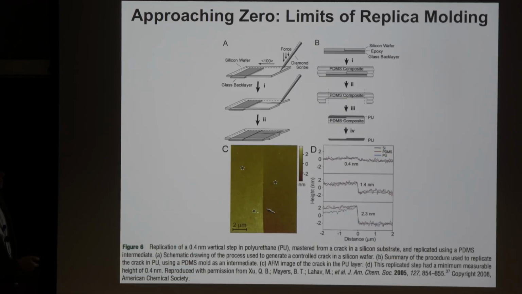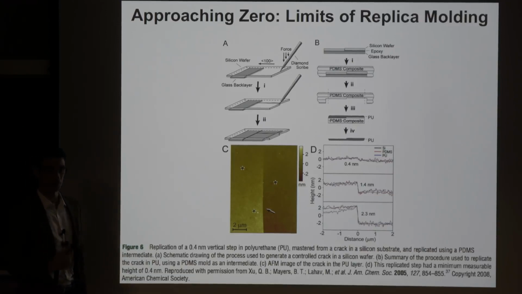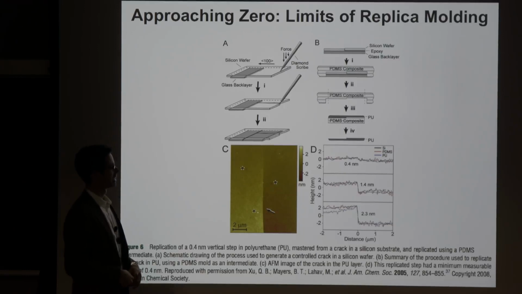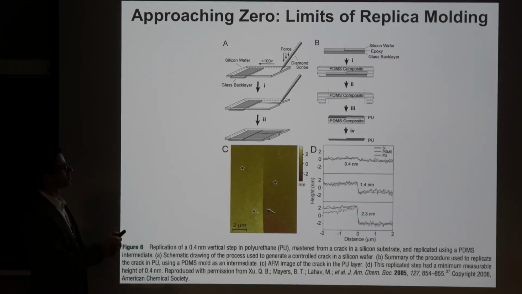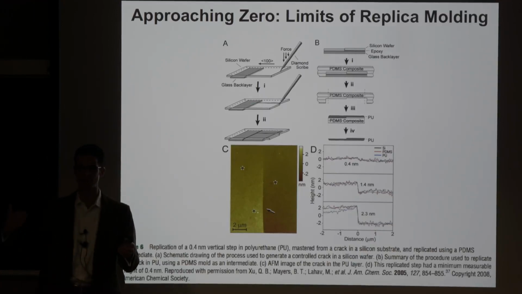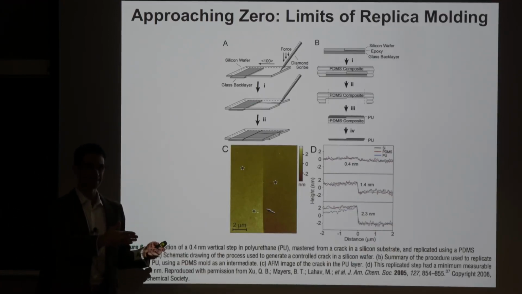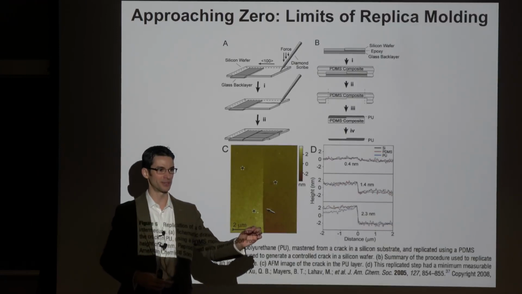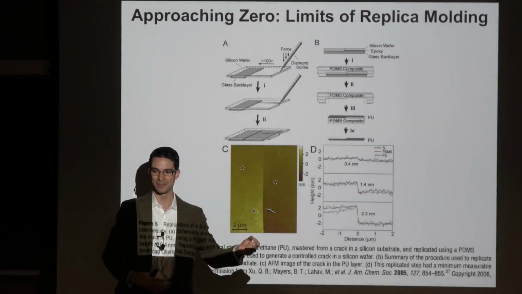So what are the limits to molding with polymer films or with prepolymers? It turns out that you can mold things with atomic scale precision, and this discovery was you take a silicon wafer that's a single crystal you made by sawing the big ingot of stuff. Then you glue it to a hard backing, and you create a crack. If you have something that's cracked but not completely cracked, what it tells you is that at the very end of the crack, you have two sides of something that's separated by one atom, right?